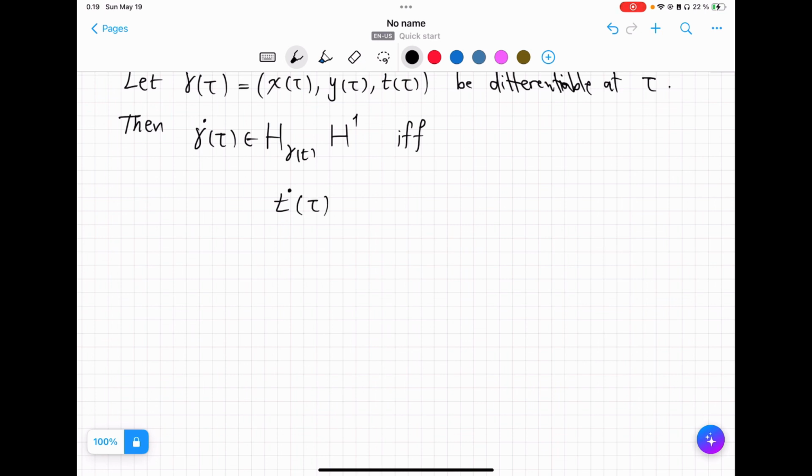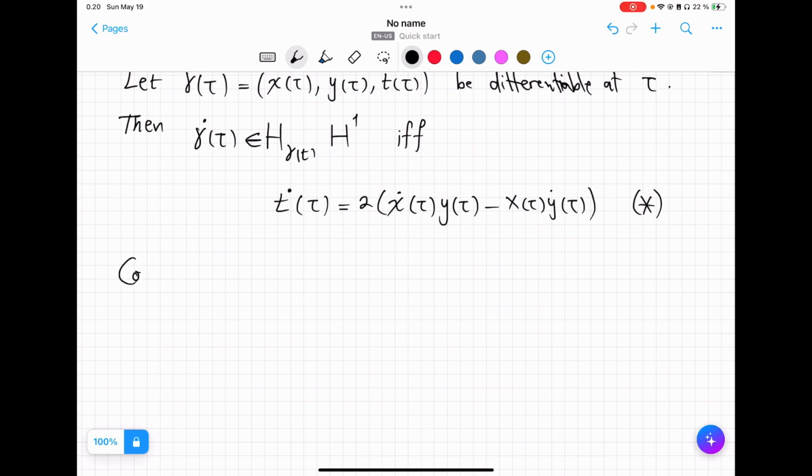So this is true if and only if the derivative of t equals twice the derivative of x multiplied by y minus x times the derivative of y. Had it not been for the minus, this would be as if the product rule applied to x times y, but there's the minus one. So let's give this important condition the name star. So at one point, being in the horizontal span is equivalent to this condition.